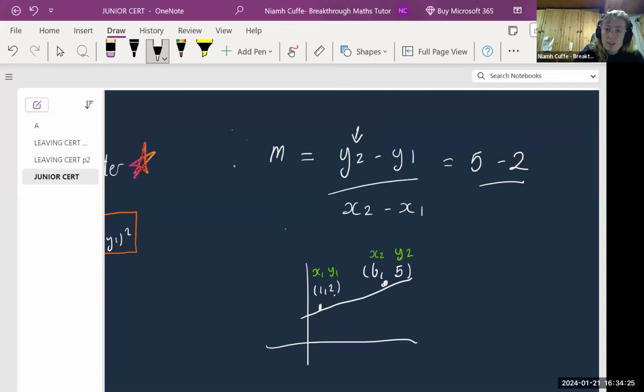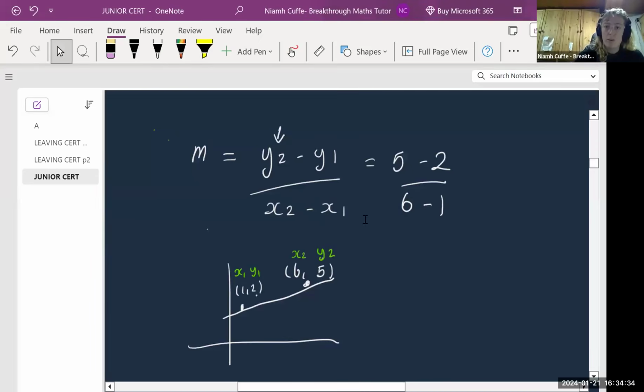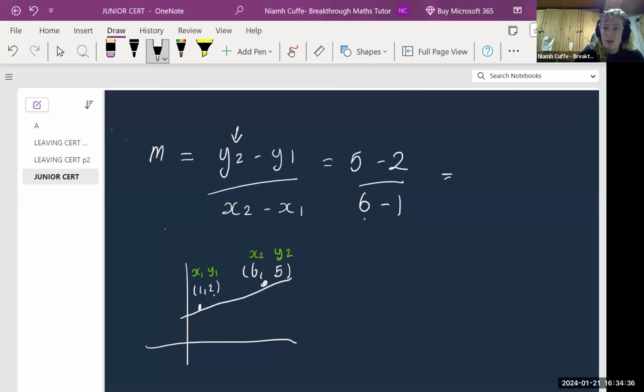Now I've called 6 x2, so I'm going to put in 6, and 1 is x1. So what are we left with? We've got 5 minus 2 is 3. 6 minus 1 is 4. And your slope is 3/4.